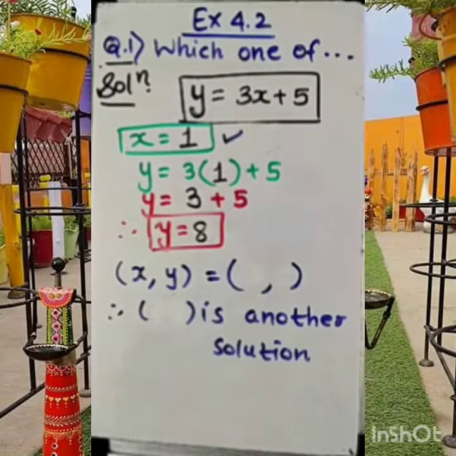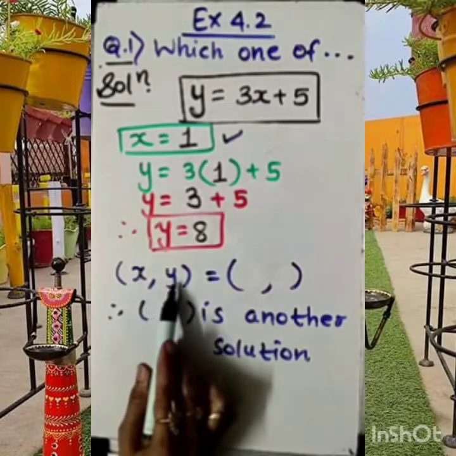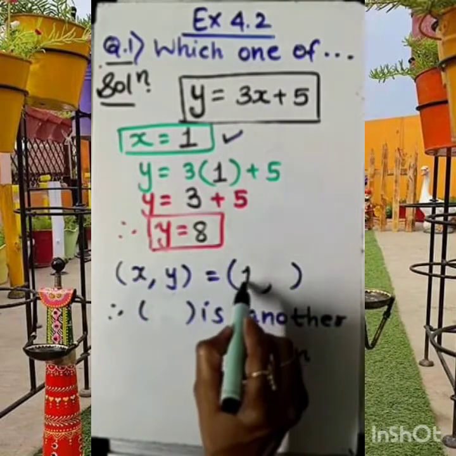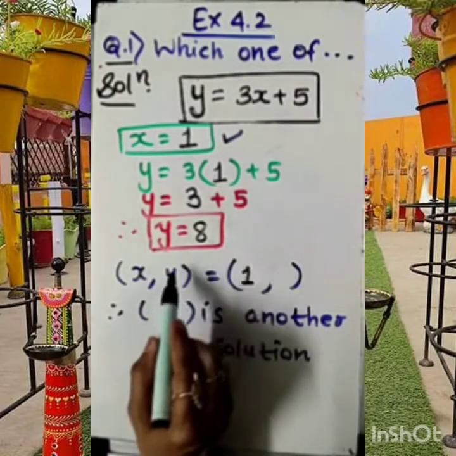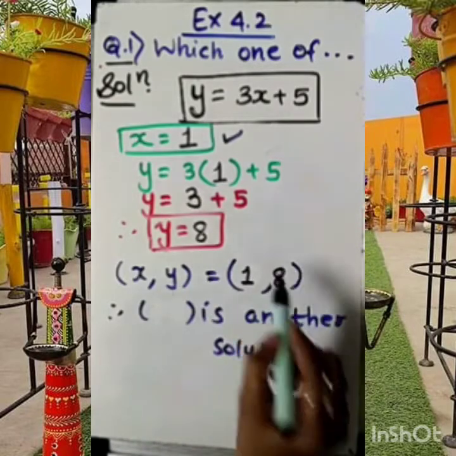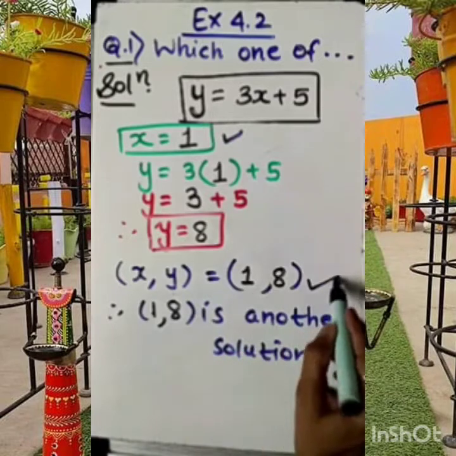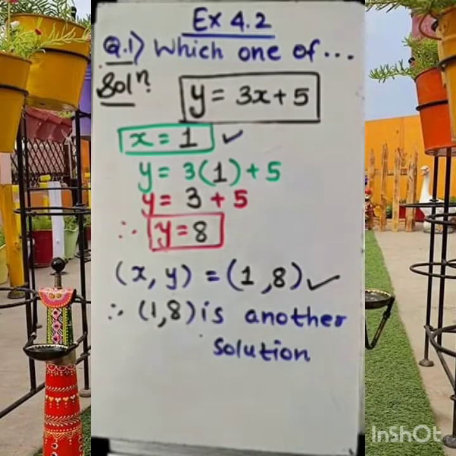Clear? So the coordinates in x comma y form: what is x we assumed? That is 1. What is the value of y we got? That is 8. So can I say 1 comma 8 is also a solution?